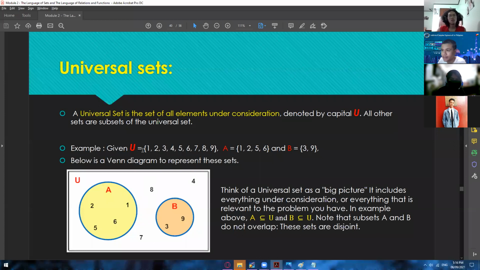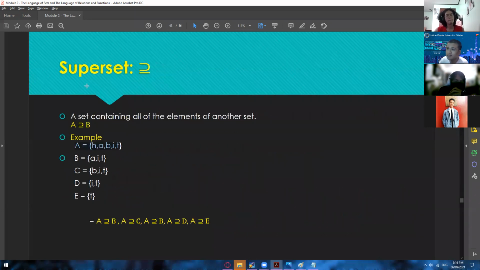So, in the universal set, that one is correct. 7, 8, and 4 are not subsets. Unlike in superset, the letters B, C, D, and E right here are the subsets already. You can actually just flip this one, and this one now is like a subset.